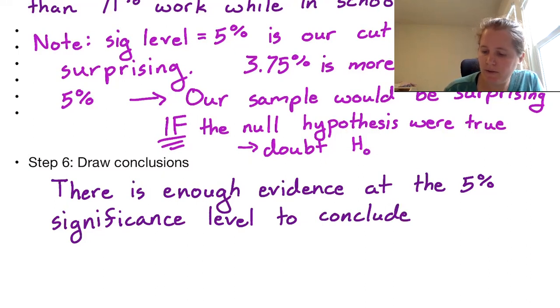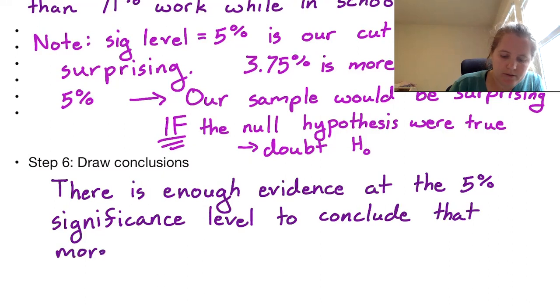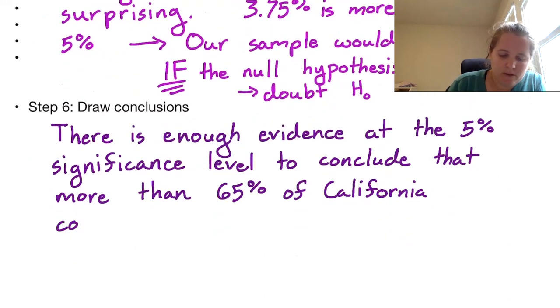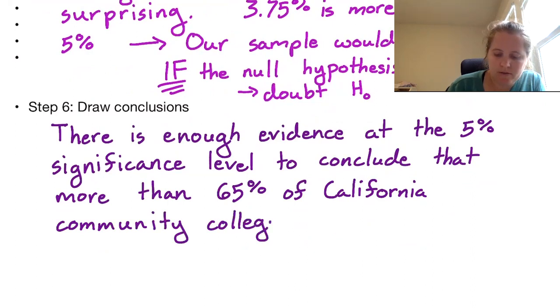So to conclude that more than 65% of California community college students work while in school.